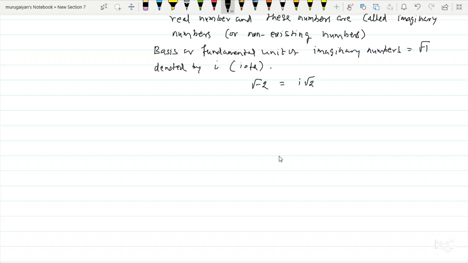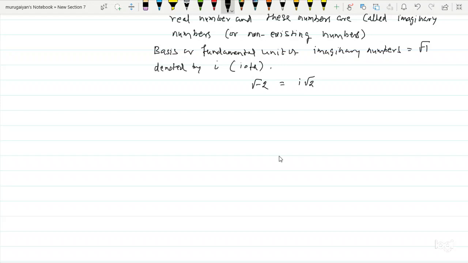Then every point on the first, second, third and fourth quadrant, other than the horizontal line and vertical line, are complex numbers. The points on the horizontal line are purely real numbers. The points on the vertical line are purely imaginary numbers. The points on the plane between the horizontal and vertical lines are generally known as complex numbers.